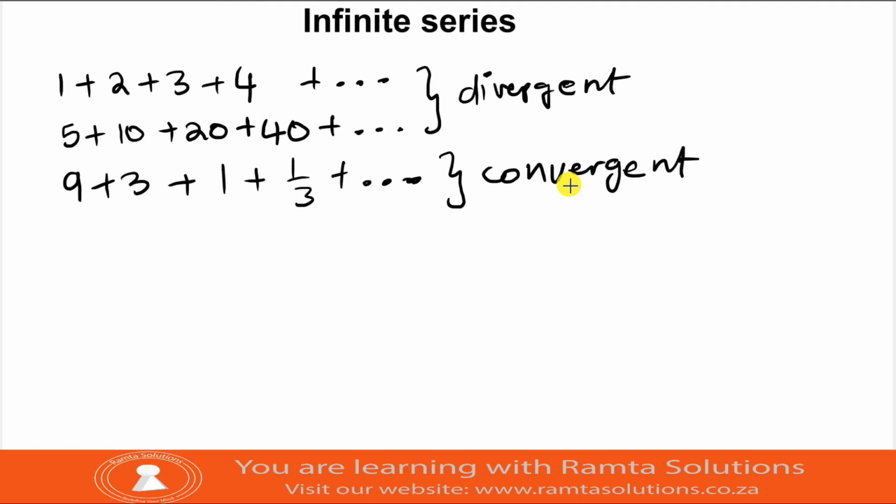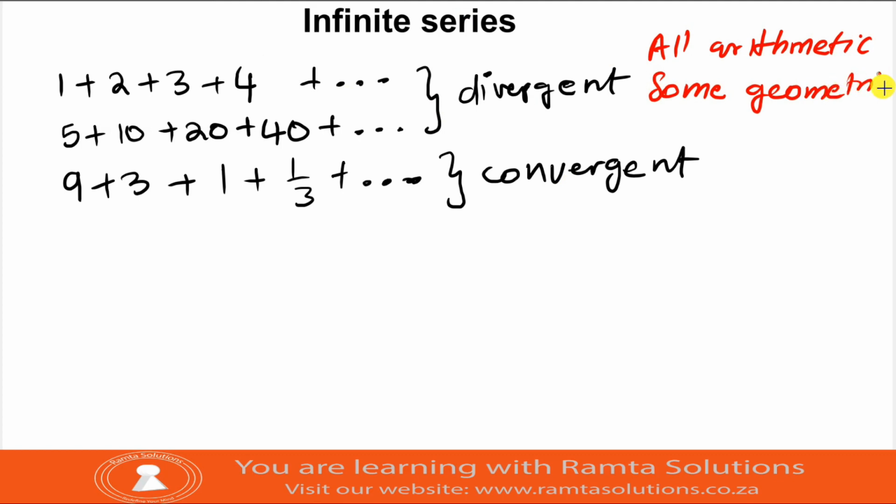So I repeat, all arithmetic series are divergent, but not all geometric series are divergent. Let me write it down: all arithmetic and some geometric. Sorry, some geometric are convergent.